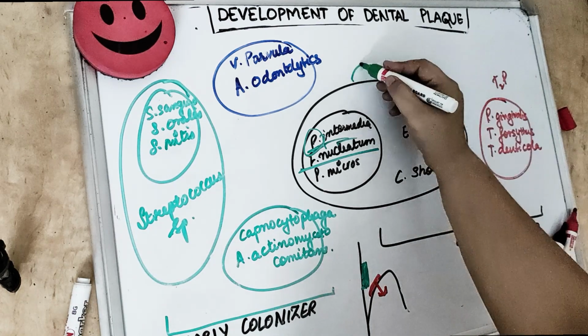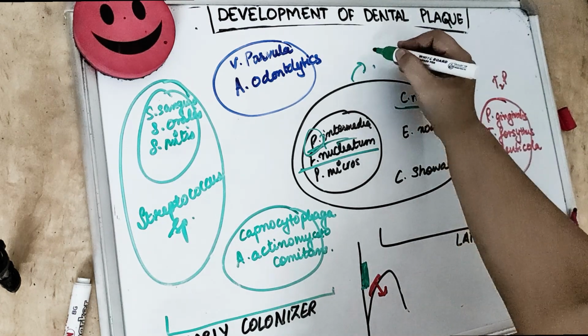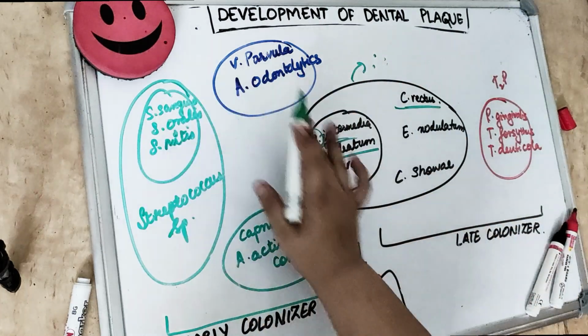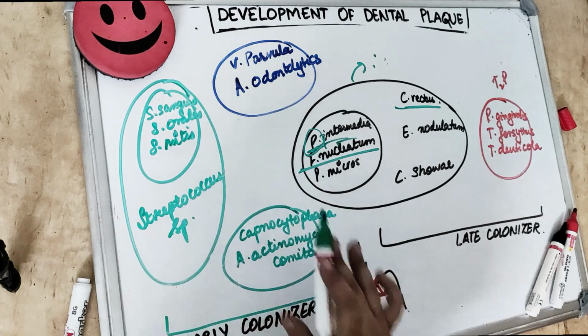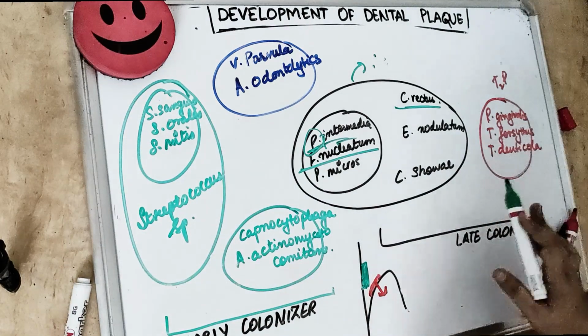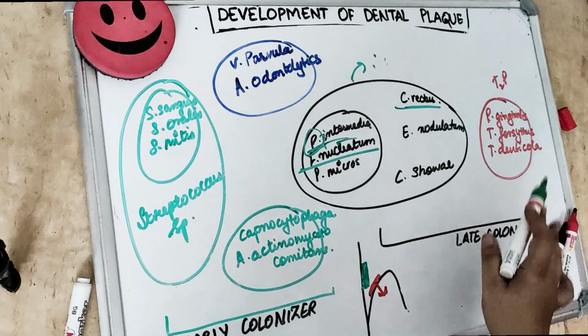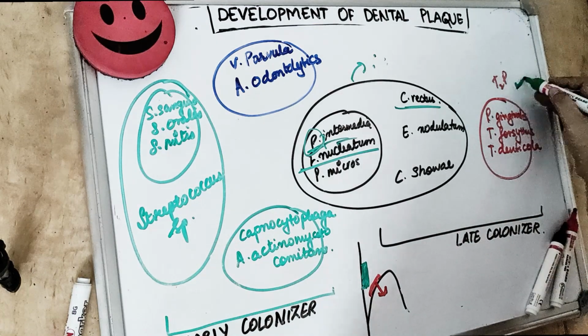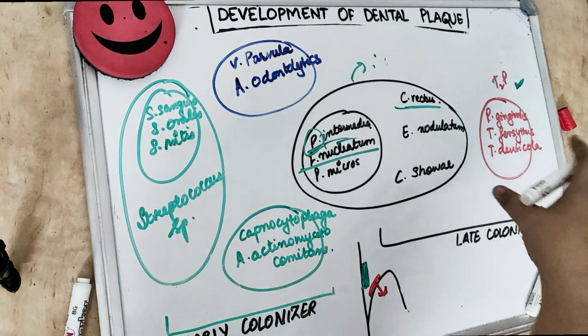These bacteria are responsible for the deep pockets, and both of these are tissue associated. The primary colonizers are tooth associated, and the late or secondary colonizers are tissue associated.